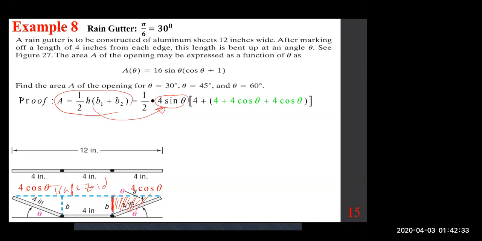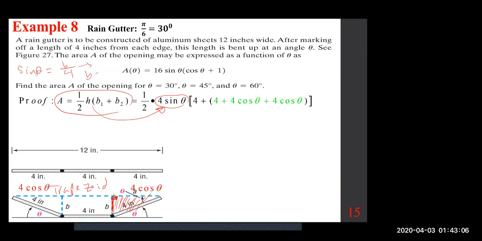small triangular shape, this is 90 degrees. So sine theta is the opposite, b, over the hypotenuse 4.